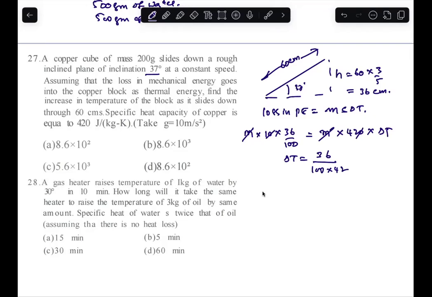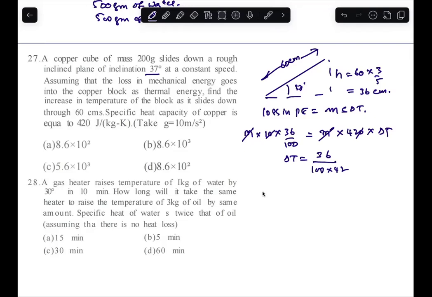You said 10 minutes. T2 is also expressed in minutes. 1 kg, 3 kg. Specific heat of water is 2 times the specific heat of oil. So finally, T2 is 15 minutes. 15 minutes, basically. Next, 29.